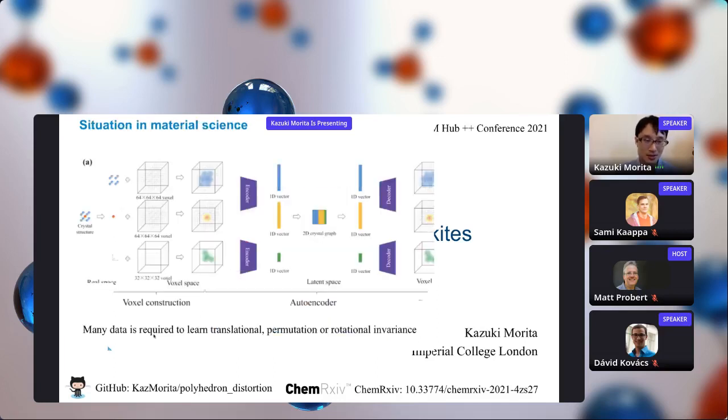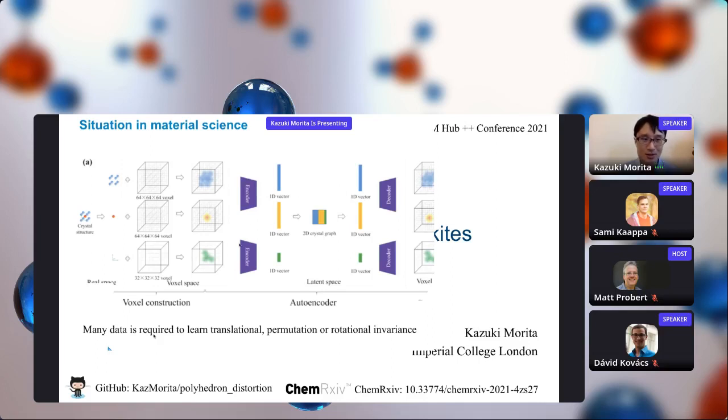So how is the situation in materials science? There have been many successes in building specific models designed for materials, but at the same time, people have been trying to import computer science models for machine learning applications.